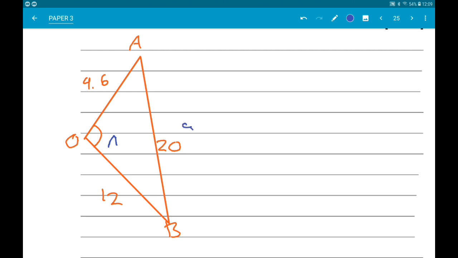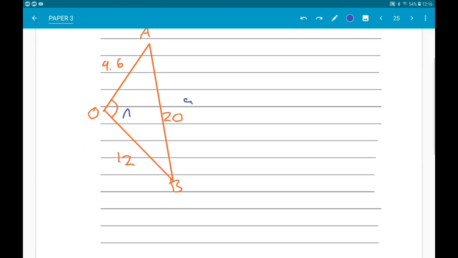Now using the cosine rule, we get 20 squared is equal to 12 squared plus 9.6 squared minus 2 times 12 times 9.6 cos of A.